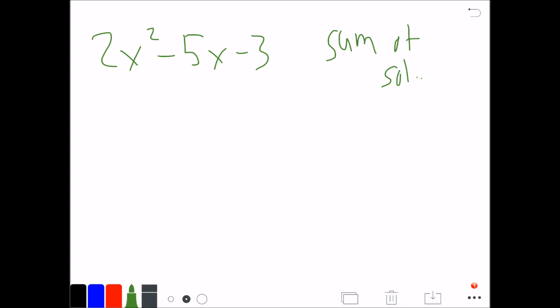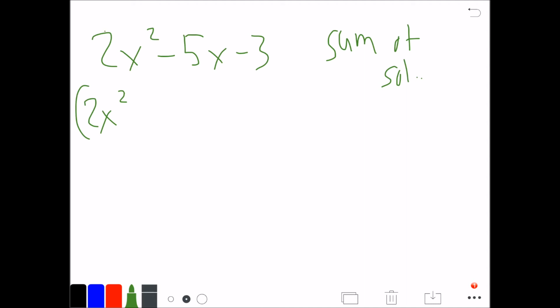Because it's a quadratic, you get two answers, and you add them together. The first thing you want to do is factor this out. Since the coefficient on the x² term is more than 1, it's not as easy to factor, but there's a way, and I'm doing it right now.